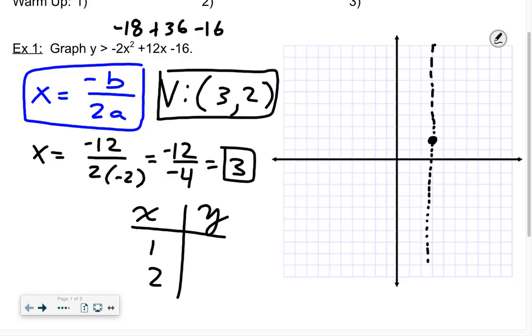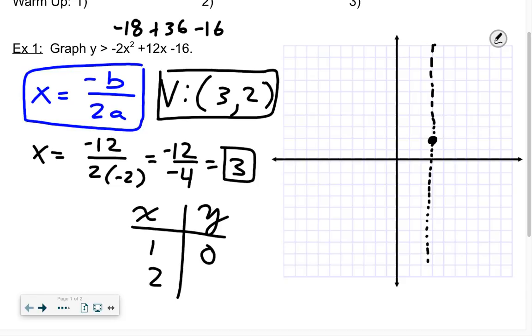And when our x value is 1, what do we get for our y? 0. Okay. And what do we get when our x value is 2? When the x value is 2, what'd you get? Negative 14? Yeah. Others? Peyton, what'd you get?